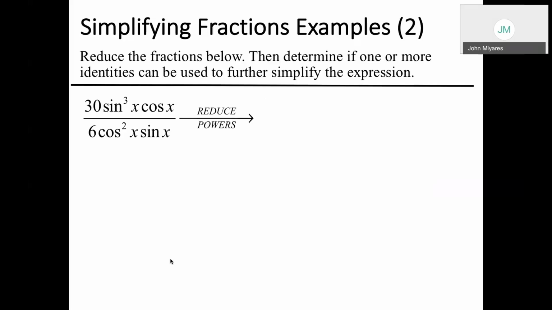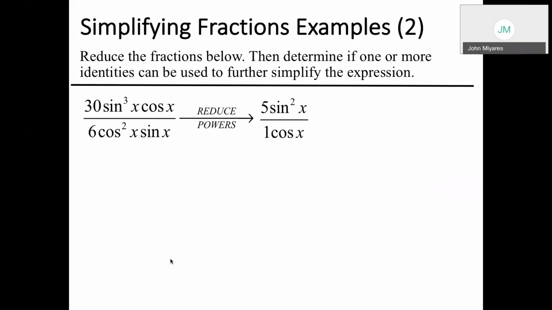Remembering our work with reducing exponents, the 30 over 6 can reduce to 5 over 1. The sine cubed of x over the sine of x can reduce to sine squared of x in the numerator, and the cosine of x over cosine squared of x will leave a factor of cosine of x in the denominator.